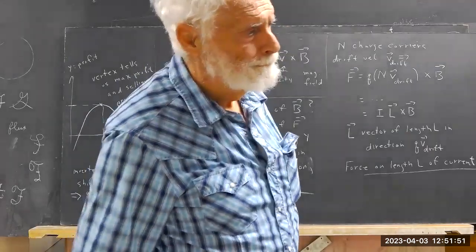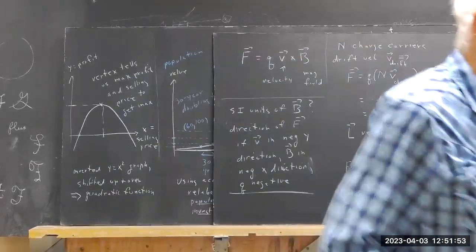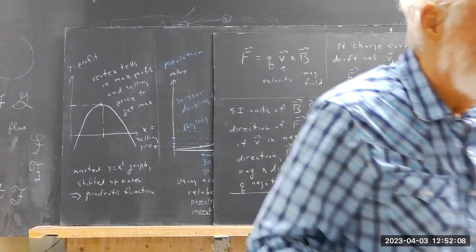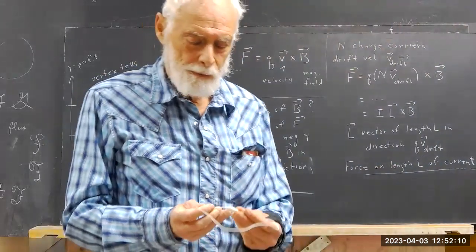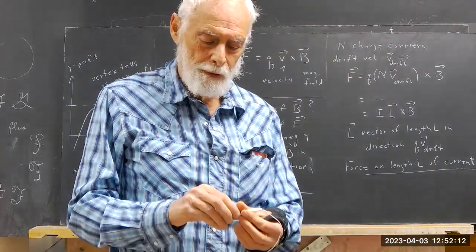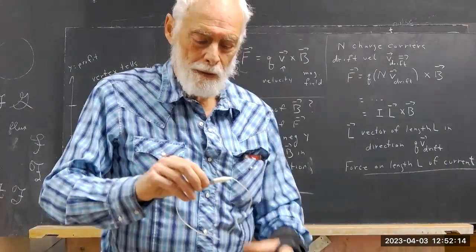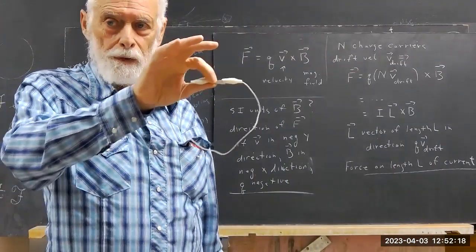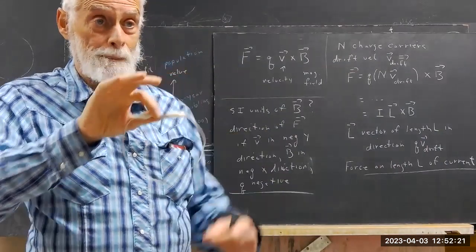So well, okay. So my ultimate question is, I've got a current in this loop of wire, assume it's a cylinder.